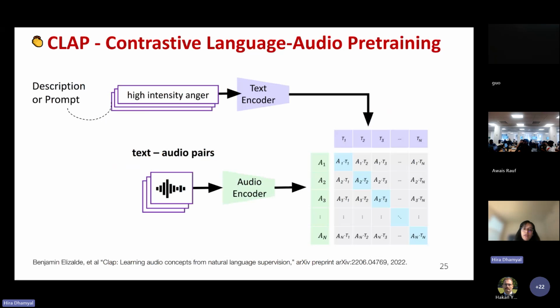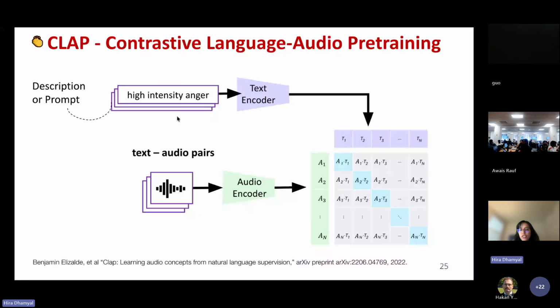For this task, the model that we use is the CLAP model, which stands for Contrastive Language Audio Pre-training. This comes from the audio classification or audio captioning task, and we adapt this model for the emotion recognition task. What this model takes in is audio-text pairs. So we have the audio here, and we have the associated text at the top.